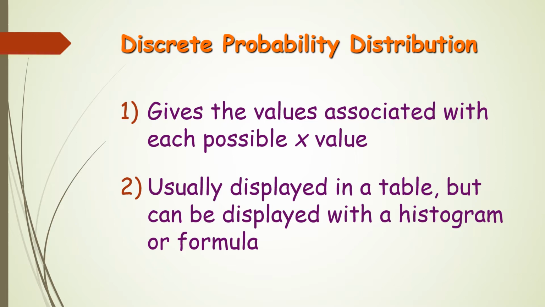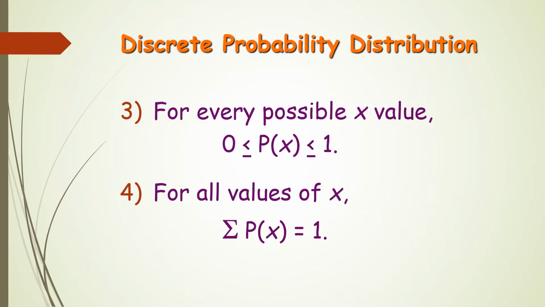Under the outcomes, you'll show the probability of happening. Now, for every possible value of your outcome, probabilities have to be no less than 0 and no bigger than 1. So probabilities have to be between 0 and 1. And remember, the probabilities of all the possible outcomes need to add to 1, which represents 100% of what could happen.